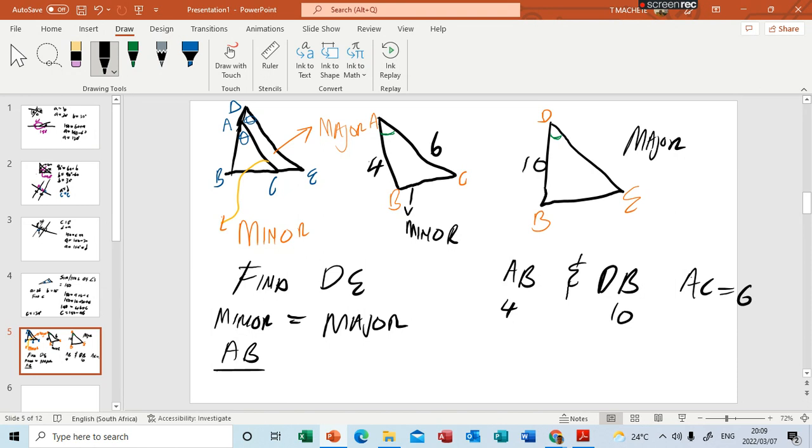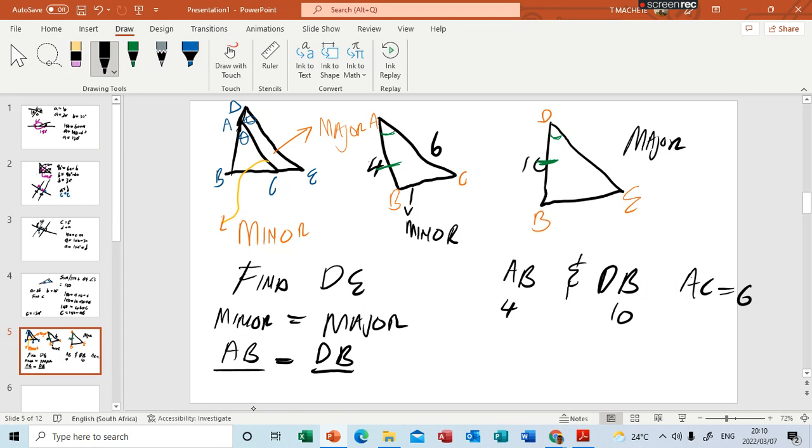You see, you check those sides. AB is this side. It must be equals to DB. So you're gonna say AB is equals to DB. You see there, that side is your measure.